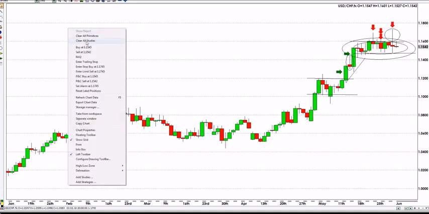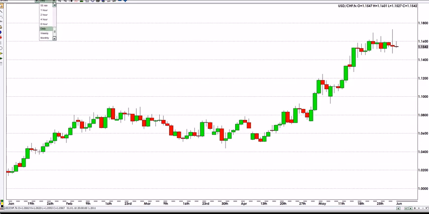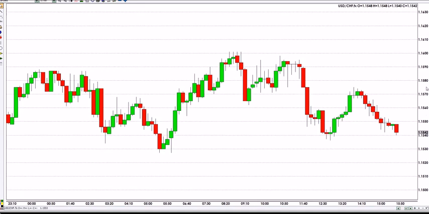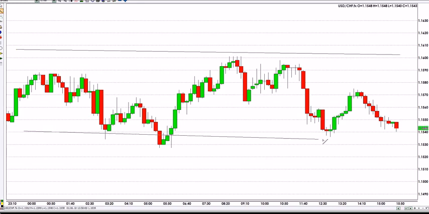Another thing to keep in mind is that these moves, although when we look at the daily chart they sometimes seem extended, if we look at them closely on a smaller time frame, here's today's activity on this particular currency pair, and we can see that once again these are sideways conditions. There were really just a couple of solid moves that occurred, and they were very short-lived.